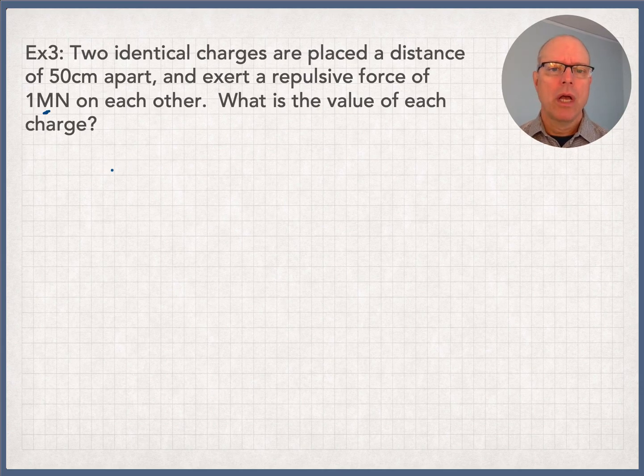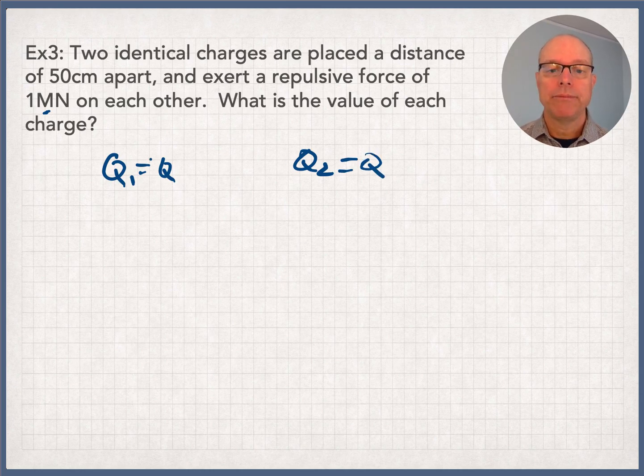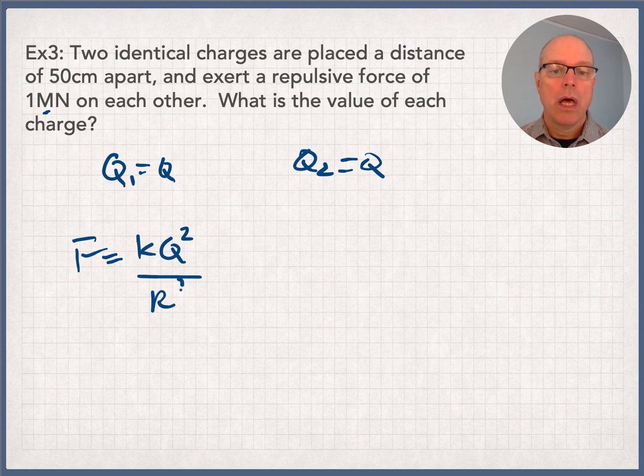1,000 tons of force. So 2 identical charges, Q1 and Q2. Let's do ourselves a favor. If they're identical, let's just call them Q, huh? And I've got a force acting 50 centimeters apart. Let's just get into the formula for it. We've got force equals K. If this is Q and that is Q, really, I guess I could just write force equals KQ squared over R squared is my force formula.